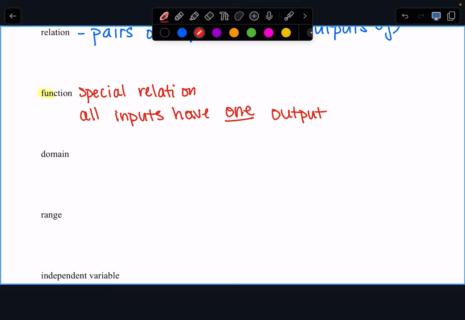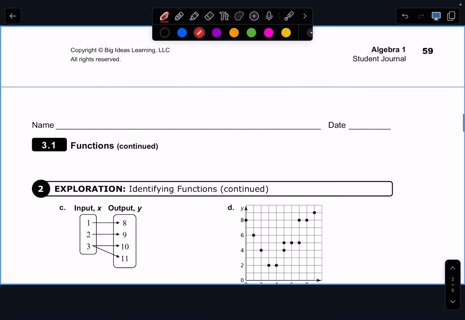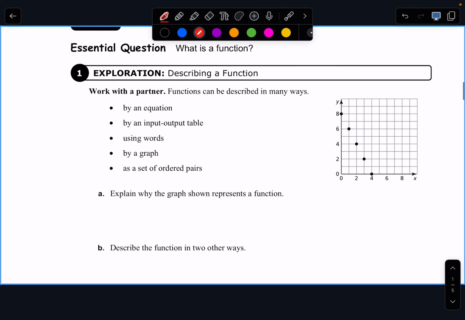Okay? So I'm actually going to have you turn back a page to 59. Okay?